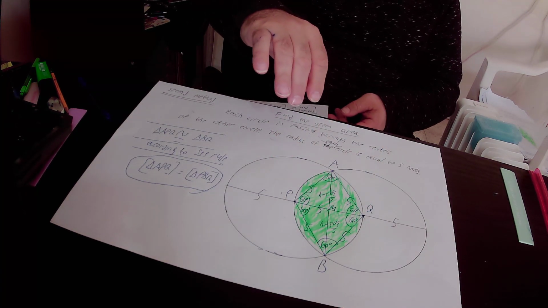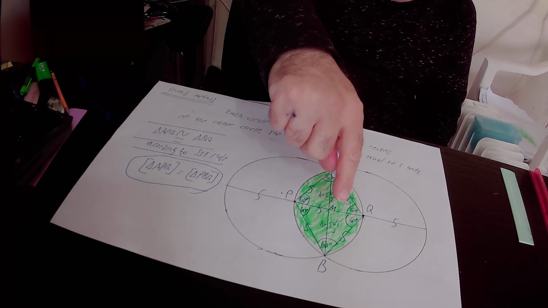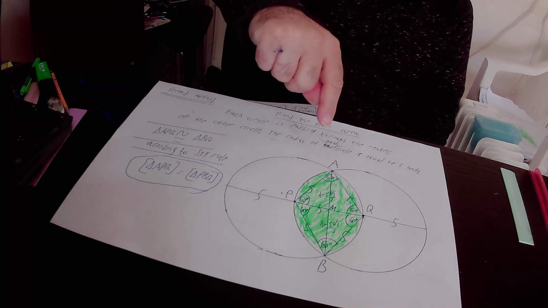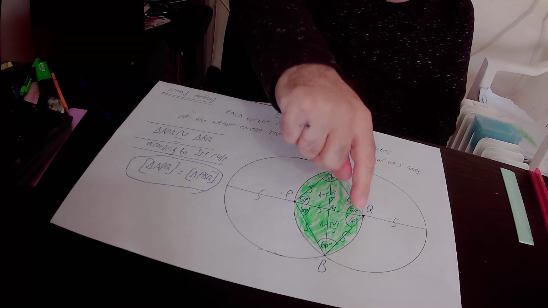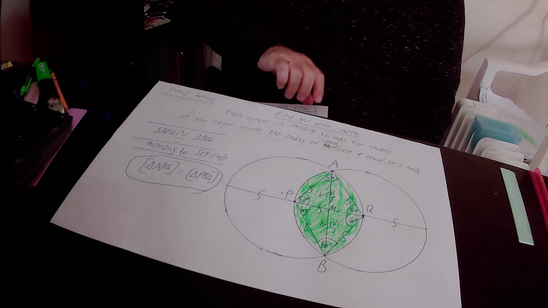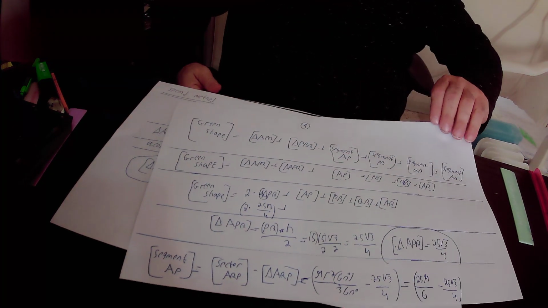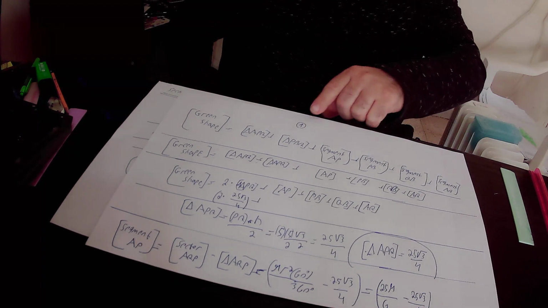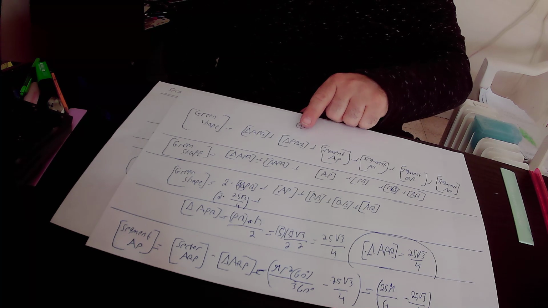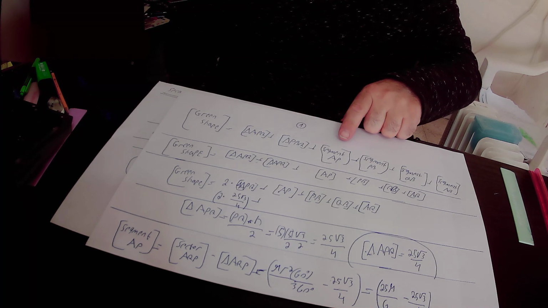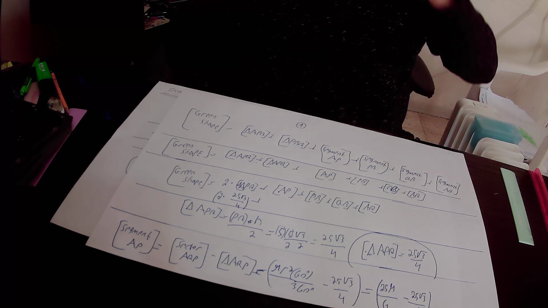The area of the green shape equals the area of triangle APQ plus the area of triangle PBQ plus the areas of segments AP, PB, BQ, and AQ.